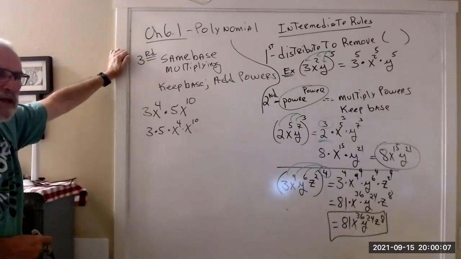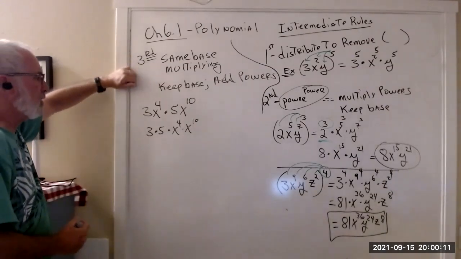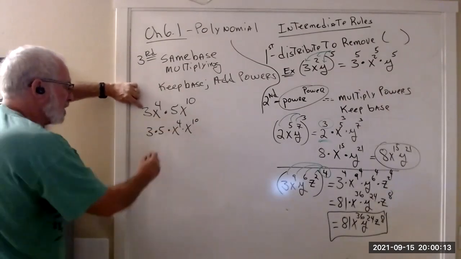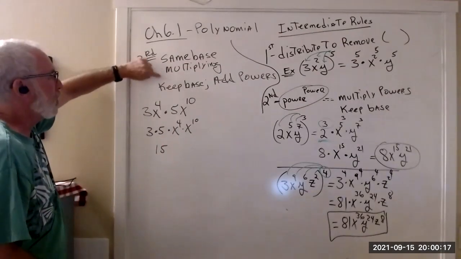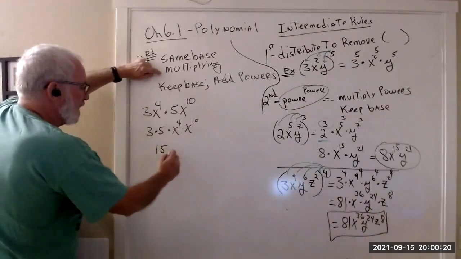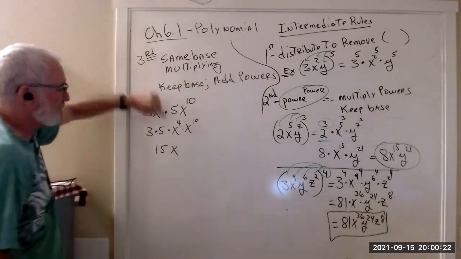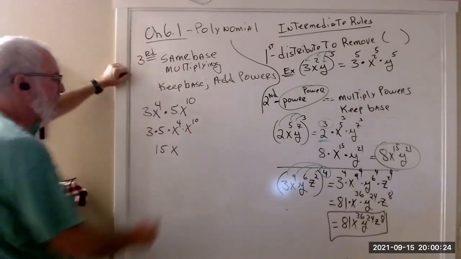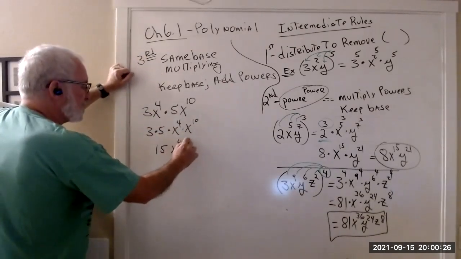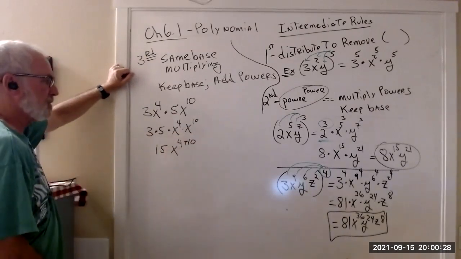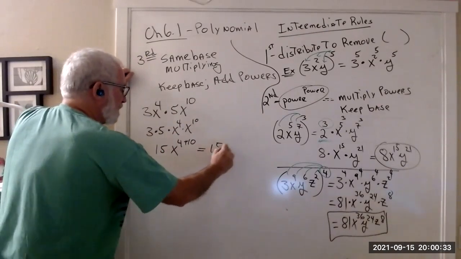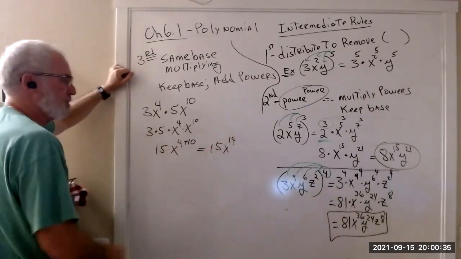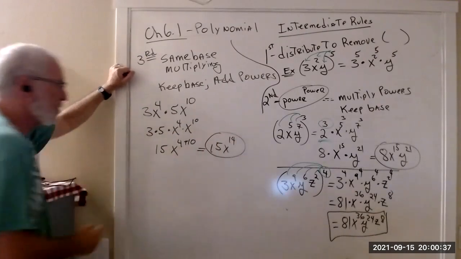You can do most of these in your head, and that's okay. But mentally you rearrange it. So you got number times number, 3 times 5 is 15. And according to the rule, we're multiplying with the same base. So we keep the base, x, we add the powers, 4 plus 10. So the final answer is 15 x to the 14. That's our final answer for this problem.